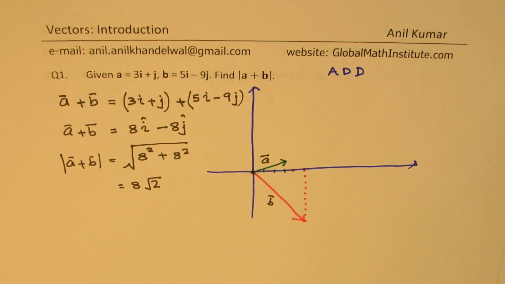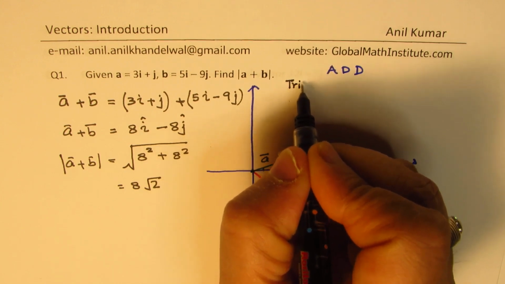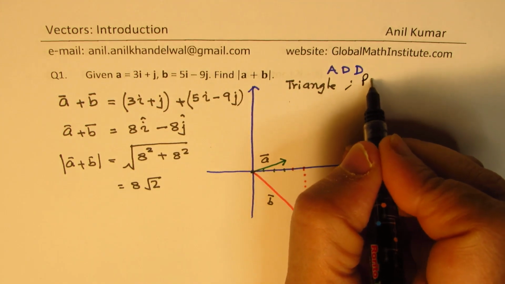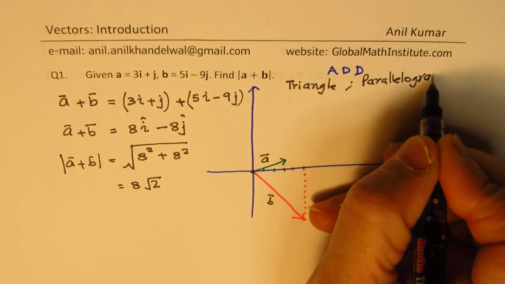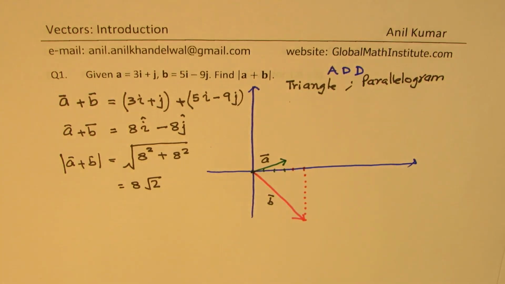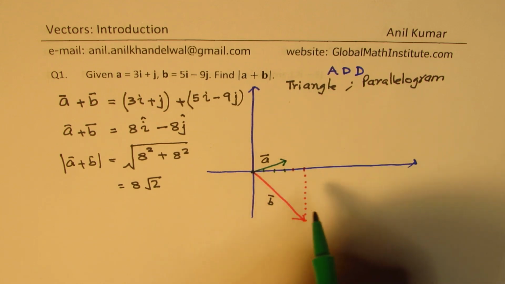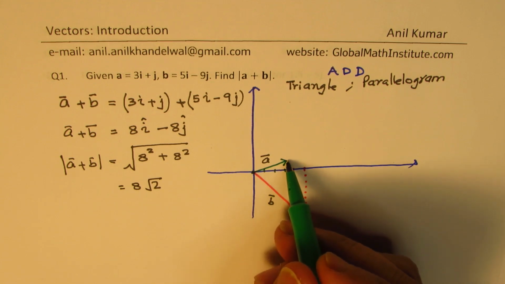Now, if I have to add them, I could adopt two methods. I could make a triangle, or we could make a parallelogram. If you want to make a triangle, you have to move the other vector, tail on the head, right?